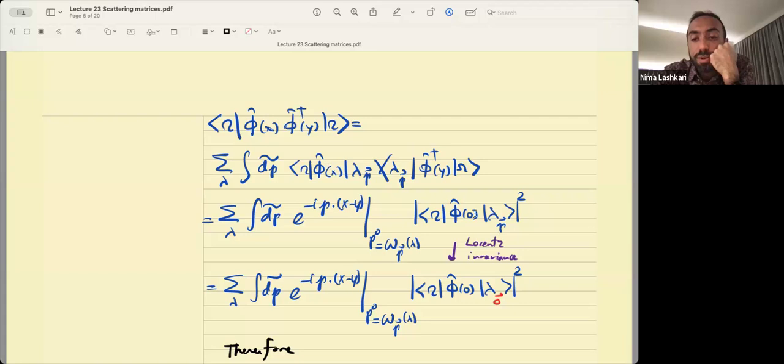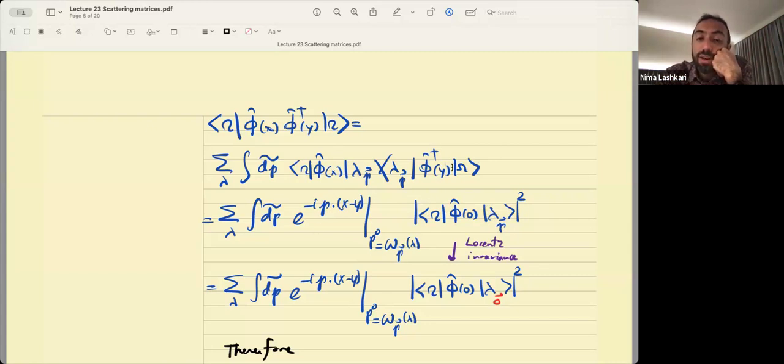And so you could bring it to 0, at the cost of introducing these operators, e to the power of minus i p mu x mu, on the left and right. Well, one of them will act on the vacuum. The vacuum is invariant, so that does nothing. The other one will act on this state with momentum p. So going from the e to the power of minus i p mu x mu that you find from this x on the left, you pick up this term.